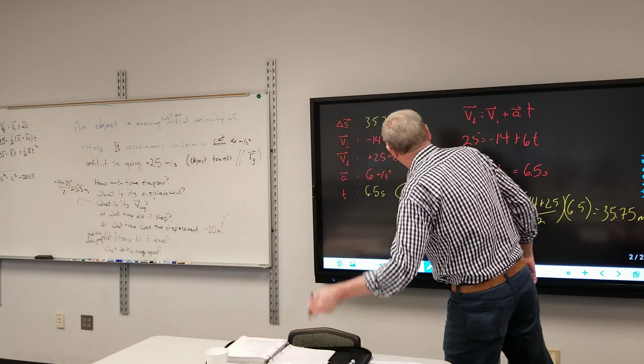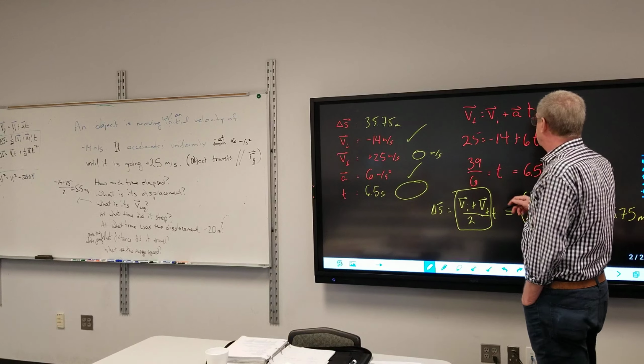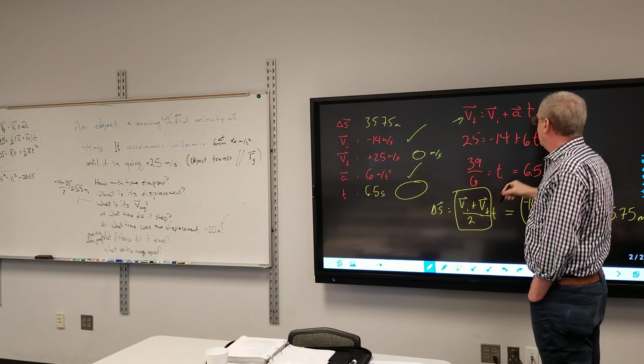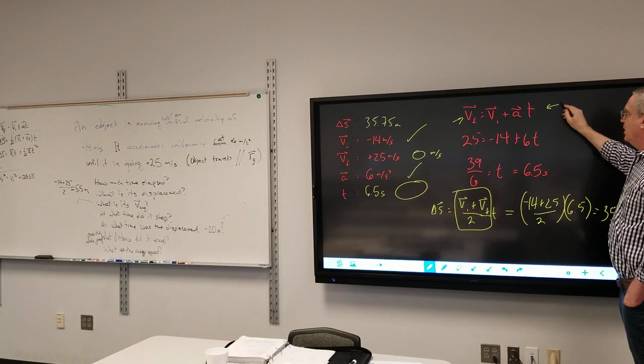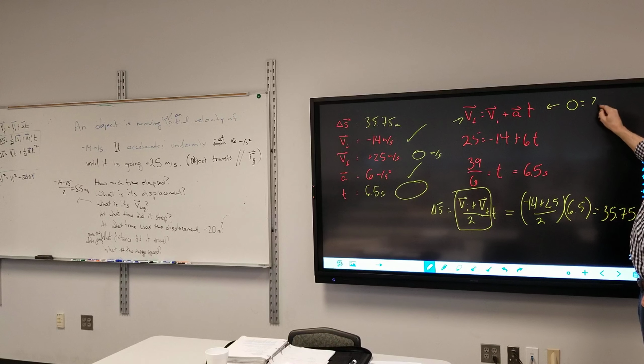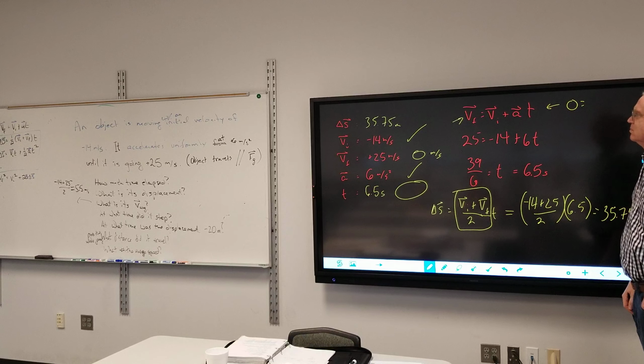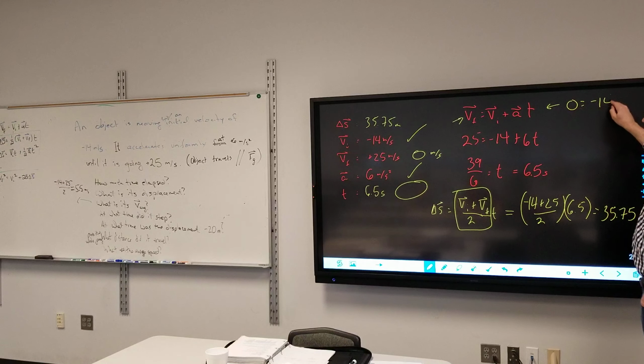So, pick it up where Robin was. In essence, we're using this equation right here, except now it's 0 equal to negative 14 plus 6t.